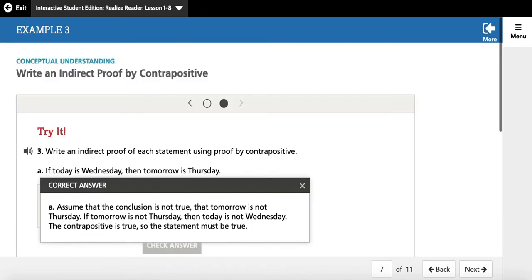So that would be a number is a factor of 6. And the opposite of that would be a number is not a factor of 6.